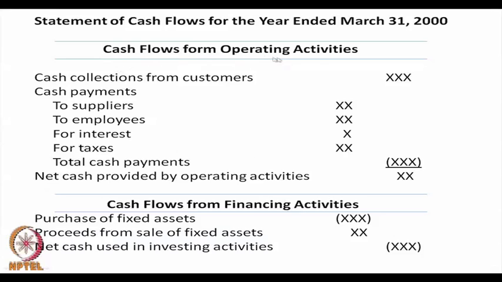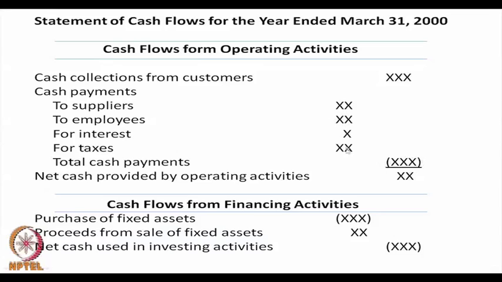Cash flows from operating activities: cash collection from customers minus all this, payments to suppliers, payments to employees, payment for interest, for taxes, and all these add up to total cash payment of this.